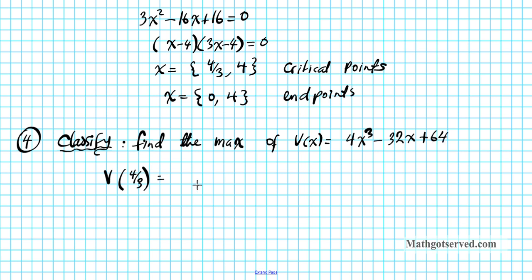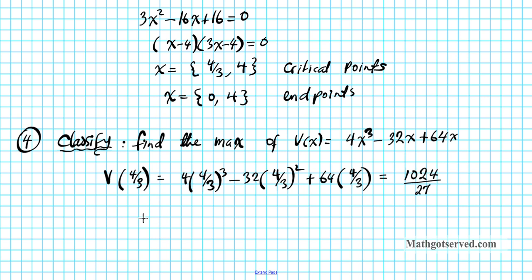So v of 4/3 is simply what you get when you plug in 4/3 into the function: 4 times 4/3 to the third minus 32 times 4/3 squared plus 64 times 4/3. And when you plug that into your calculator, you have 1024 over 27.